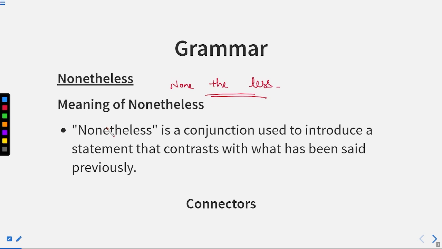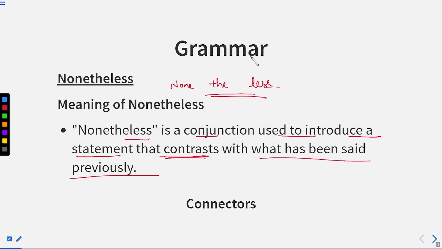Nonetheless is a conjunction used to introduce a statement that contrasts with what has been said previously. Whenever we use nonetheless in between, whatever clause follows it contrasts with the statement which has been said previously.